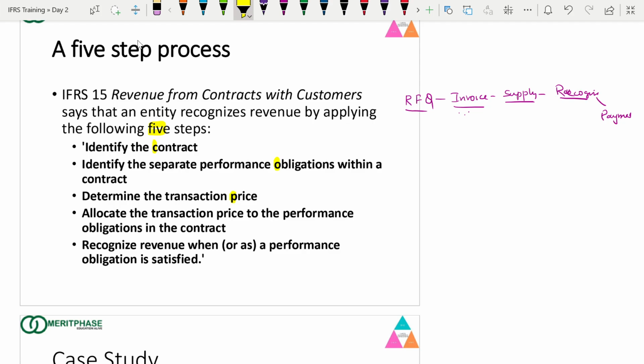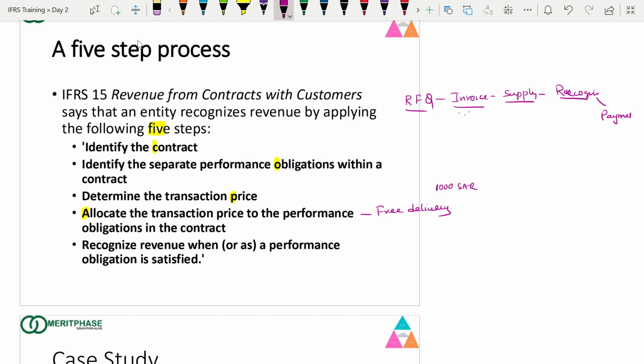Allocate the transaction price to the performance obligations in the contract. Keep it in mind, nowadays it is very evident that we are talking about free delivery. In some cases there are conditions: if it is more than 1,000 Saudi riyals, we will give you free delivery.